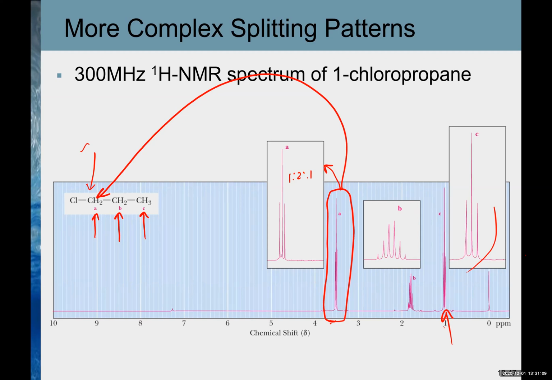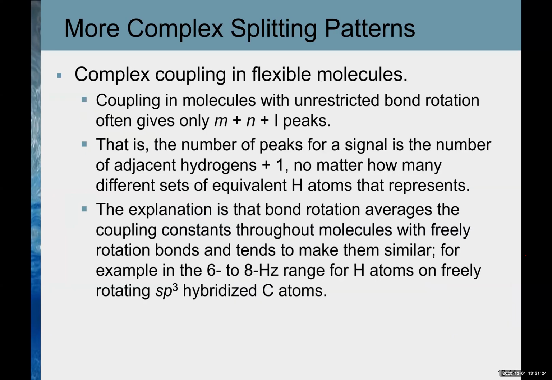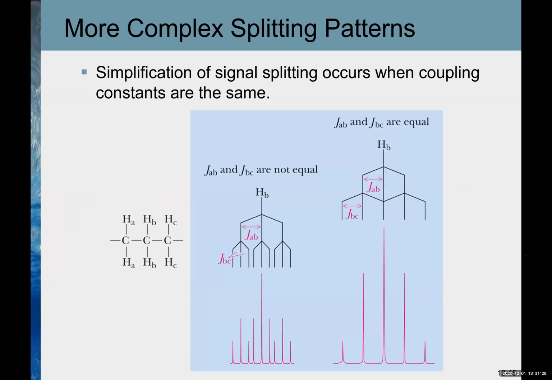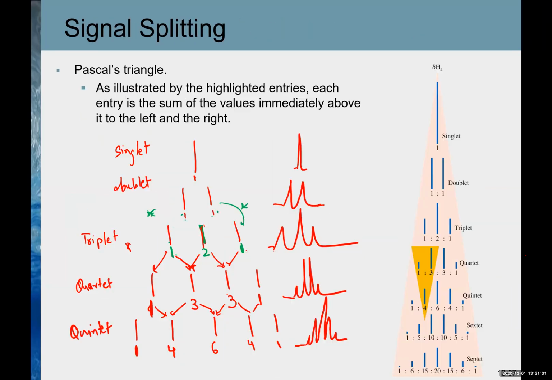Now B, of course, as you already said, there are 5 protons in the neighborhood. So the multiplicity will be 6, and 6 is known as a sextet, right? So 7 is septet.